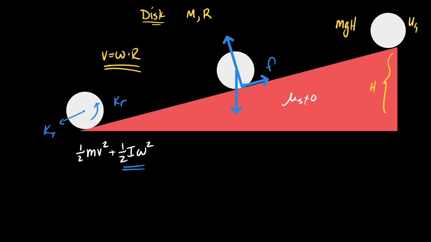Justify your answer. This is the justification. Friction in this case does work. It changes the rotational kinetic energy of the object. This friction isn't just heat. It's not just leaving heat along the length of the ramp. This friction does legitimate work, changing the kinetic energy of the object.